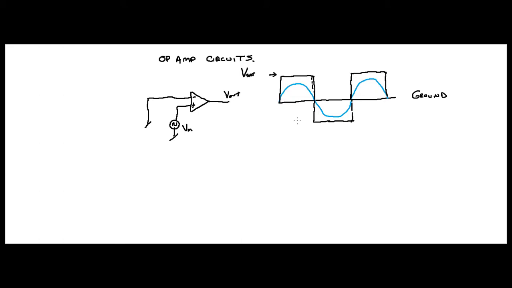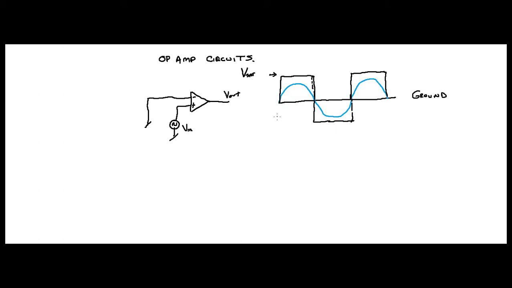So if you look at it, your output is what's in black. It's going to be high and then low, and high and low. So that's what it would do to the output, okay?